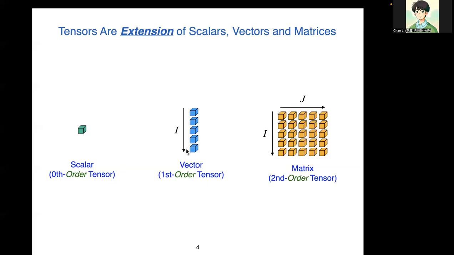A matrix is a two-dimensional array of numbers, so it's a tensor of order 2. It has two directions corresponding to the rows and columns. So we can see the tensor's order just means the number of directions. We call these directions the tensor modes, and we call the dimension along each direction the mode dimension.